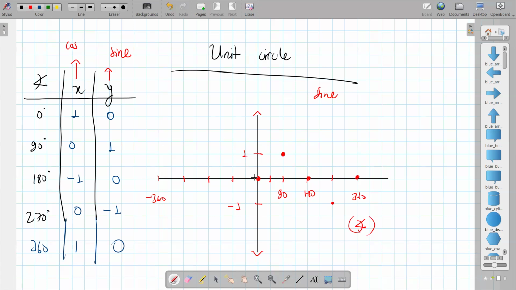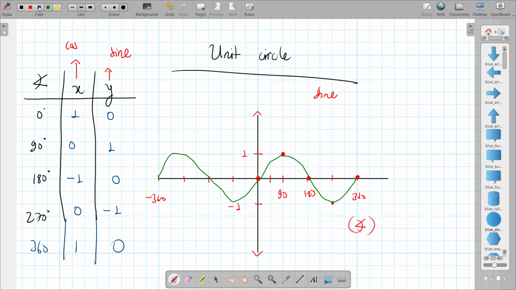And then let's connect it. And there you go. And because it's symmetrical, you can see the pattern here. So that's how you draw the parent sine curve.